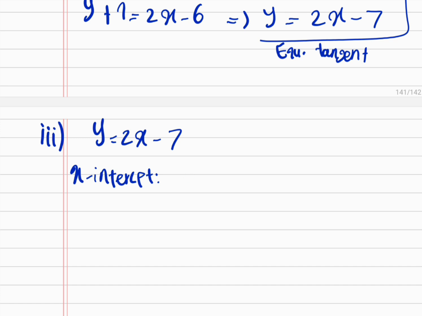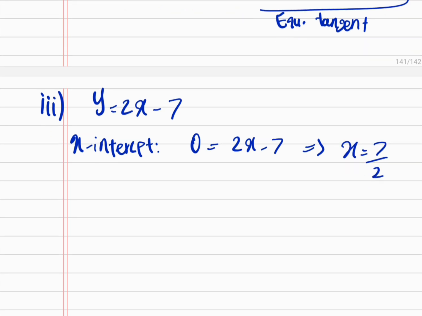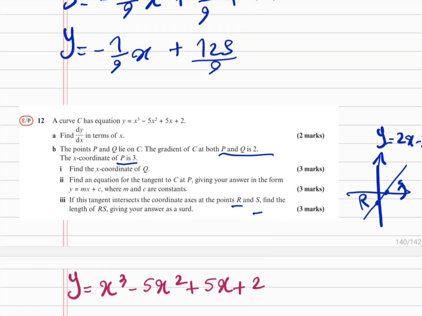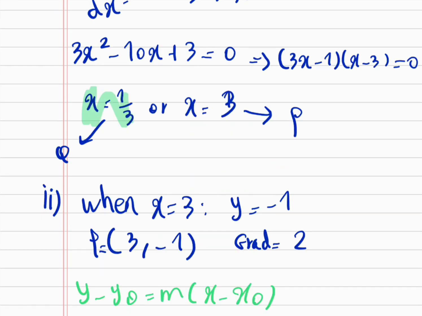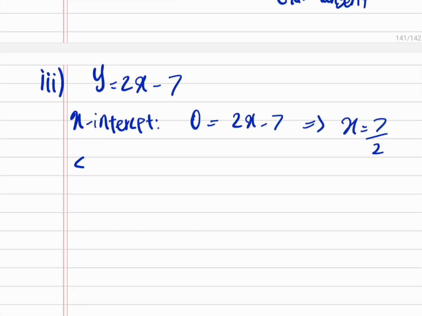So we have 0 equals 2x minus 7, and x is equal to 7 over 2. So this point here is the x-intercept. That point that we called S has coordinates 7 over 2 and 0, right? Because that's the x-intercept, so its y-coordinate is 0. That's why we set y equal to 0.